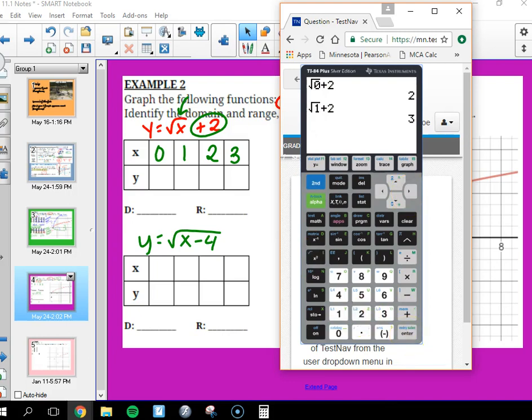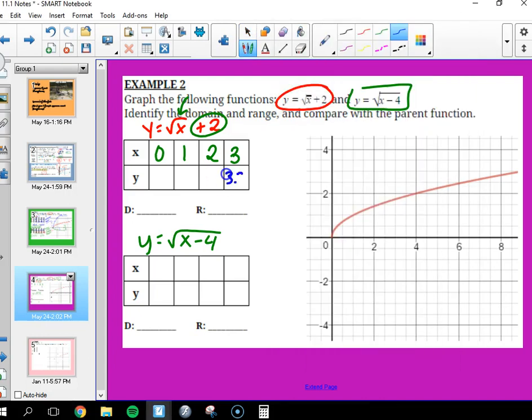We get 3. Square root of 2, go over, and then add 2. We get 3.41. And then the square root of 3, go over, plus 2. We get 3.73. So 3.73, 3.41, 3, and 2 in our table.